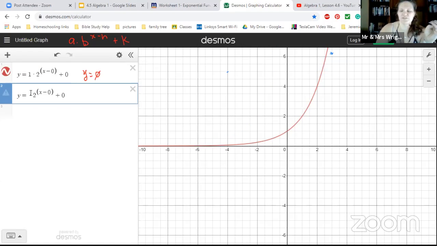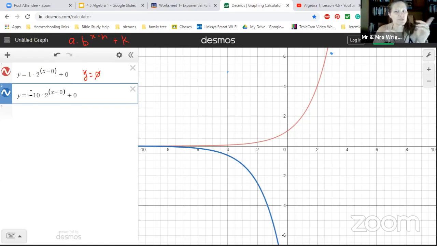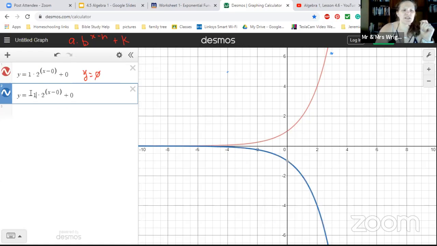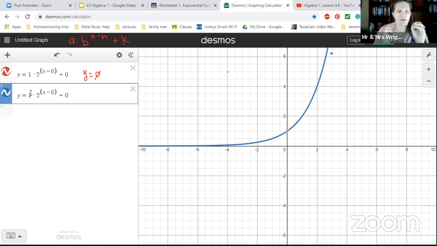Well, what happens if I change it to 0.1? See how it got squished down. What happens if I change it to -1? It got reflected. What if I do -10? It got reflected and stretched. We're very familiar with A. That was our last lesson. So I'm going to leave A just how it was at 1 and not bother with it for now.